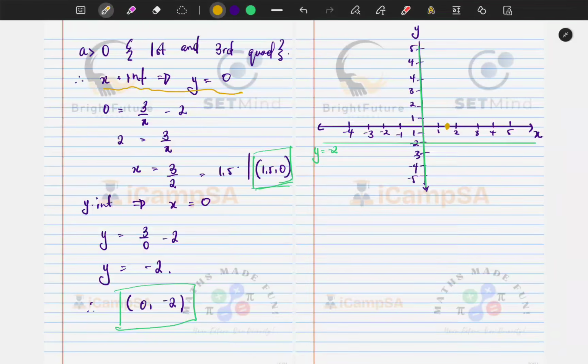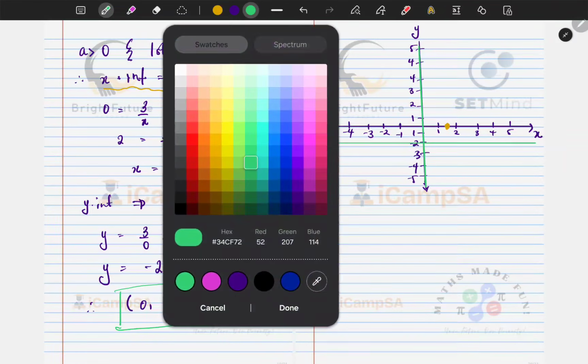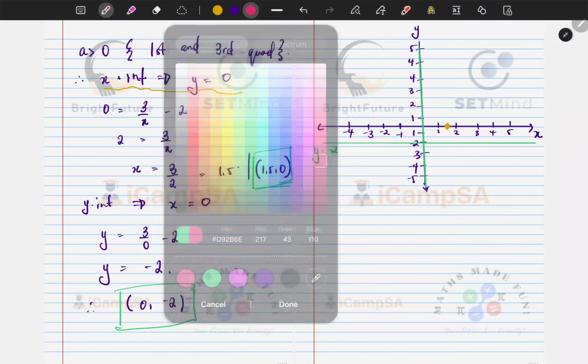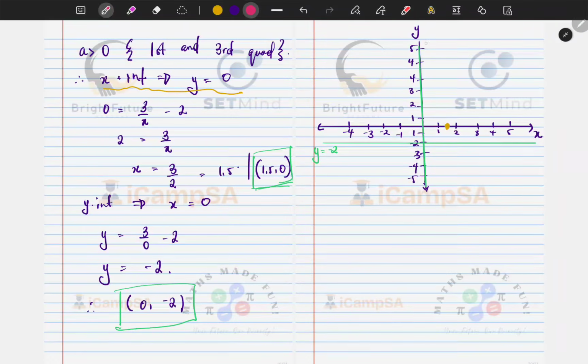So let's just use a different color to draw the graph. So the first graph will look like this, going there.